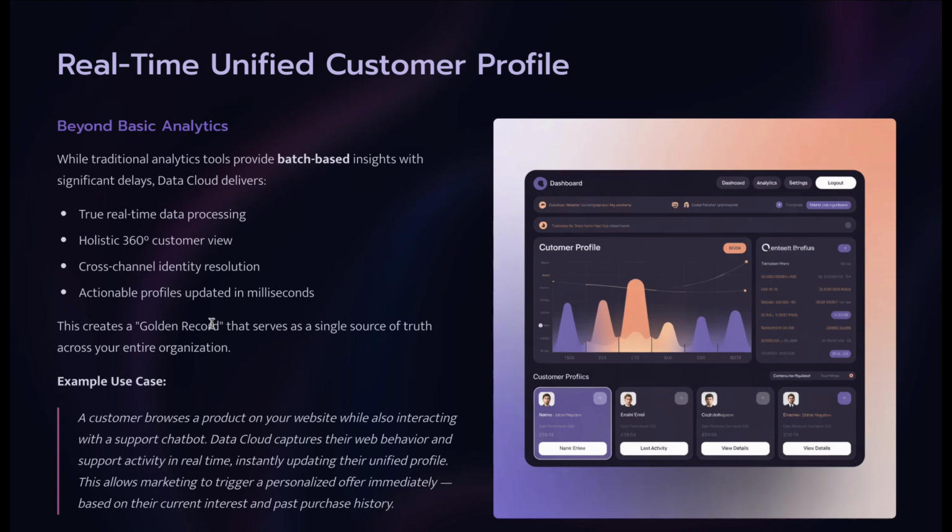If that customer is not found, then Data Cloud will create a profile for the customer. If it is already present, then this new activity, that means the customer showing an interest in a particular product, will be captured immediately.